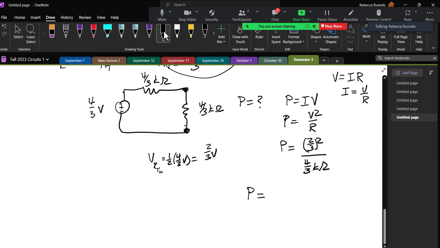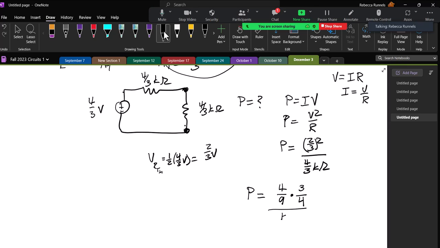which is 4/9 times 3/4 over 1K, which is 1/3 divided by... I'm missing some, I got something wrong here.